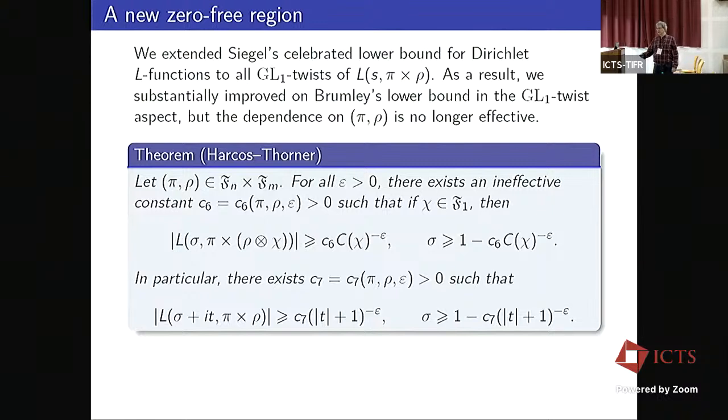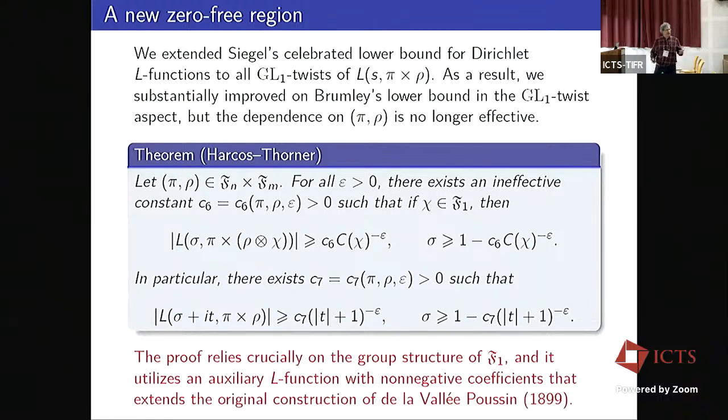Namely, sigma is bigger than 1 minus this ineffective constant times t to the minus epsilon. So it's a rather general result, but it features an ineffective constant. So this is the new result I'd like to discuss today.